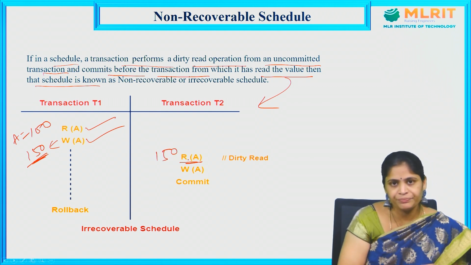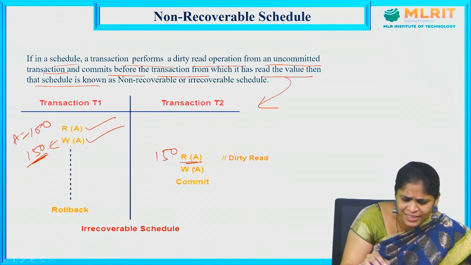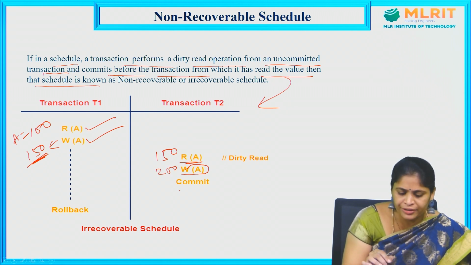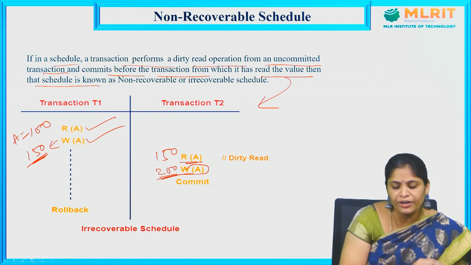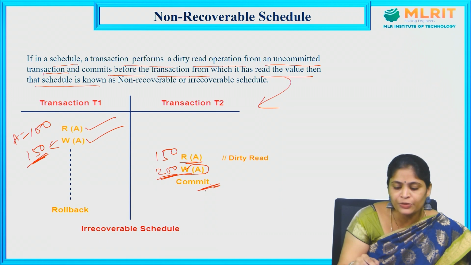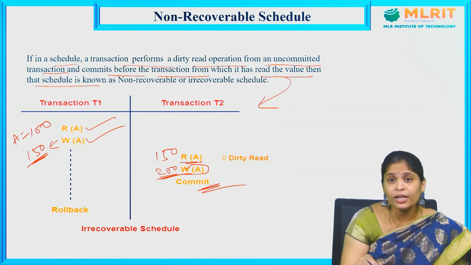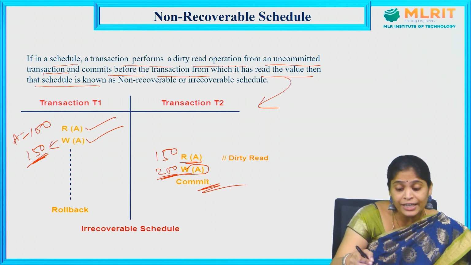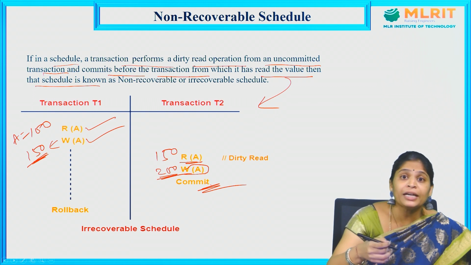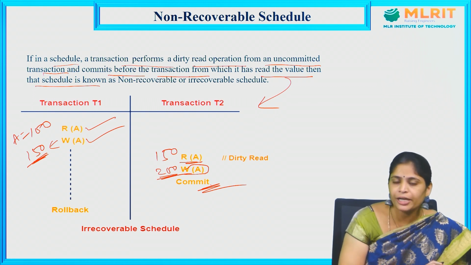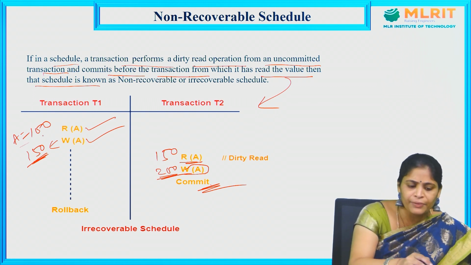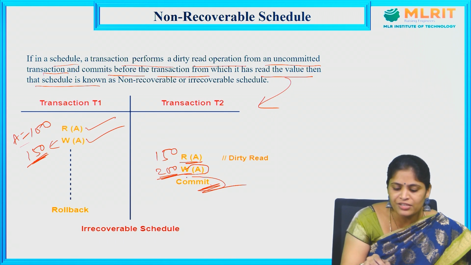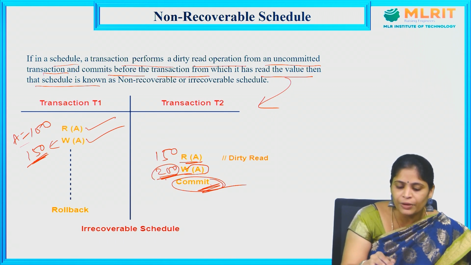It will read that. Next, it will update 150 to 200. And next it will commit. Commit means the value is updated permanently in the database. So initially A is equal to 100, but in this transaction A is equal to 200.